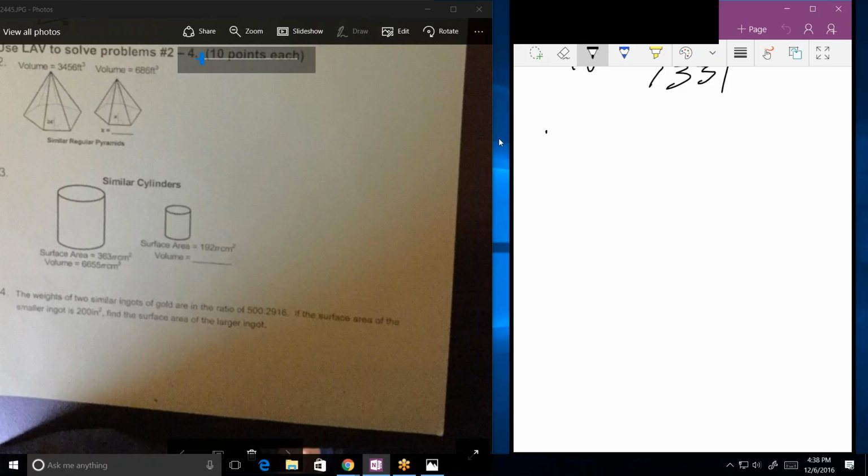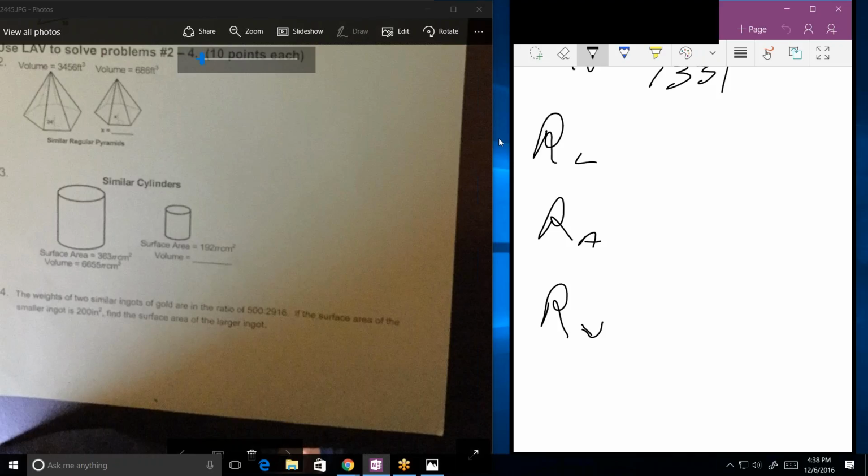Which ratio is that? 500 to 2,916. Yeah, but is that a linear, area or volume ratio? It's actually a weight. You're correct, because gold is uniform. When they give you the weight ratio, they are in effect giving you the volume ratio.